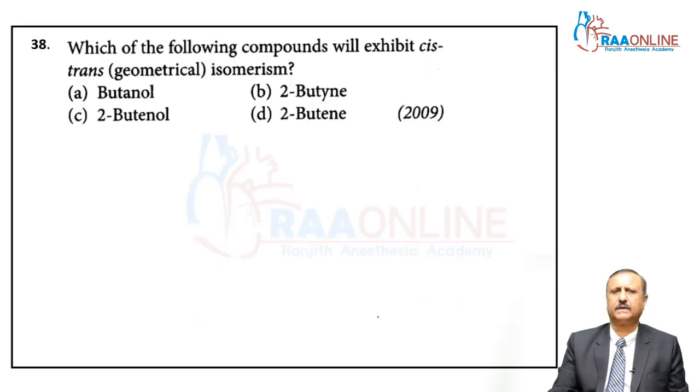Now we can see here question number 38. Which of the following compounds will exhibit cis-trans geometrical isomerism? What is the concept of this question, my dear students? Here you can see the concept.